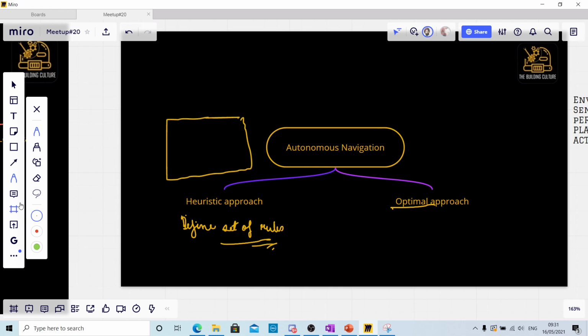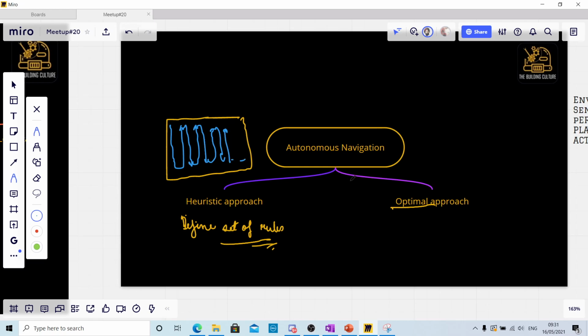If this is an empty room, we don't want it to go randomly around and hopefully clean the whole room, but rather we want it to follow the optimal path. Let's say maybe it's going like this, and it's covering the whole room or something like that.